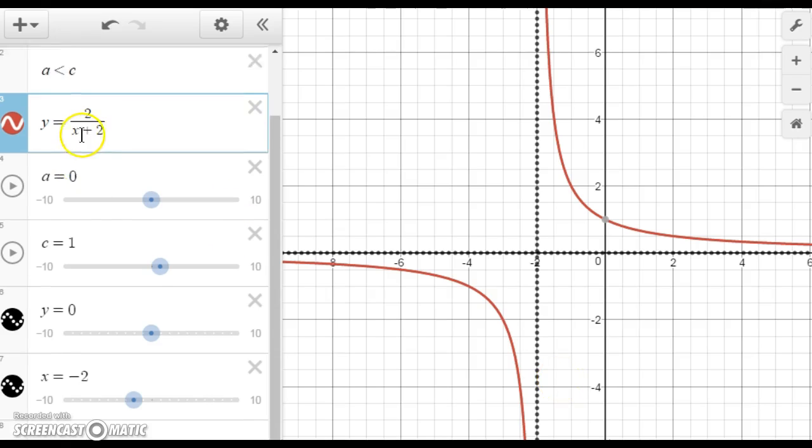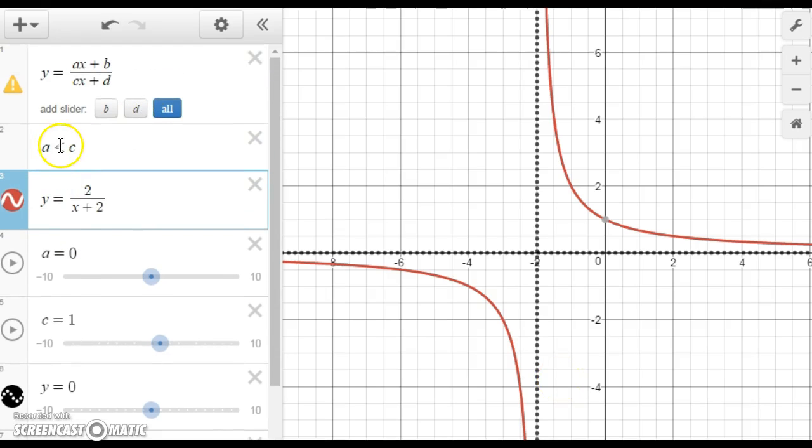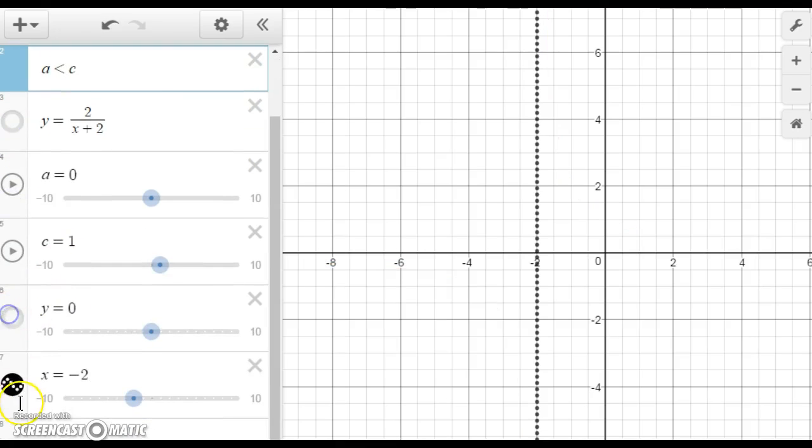Now, I'm going to change the condition. Let's see, what if a is equal to c? Let me hide the asymptotes and the graphs.